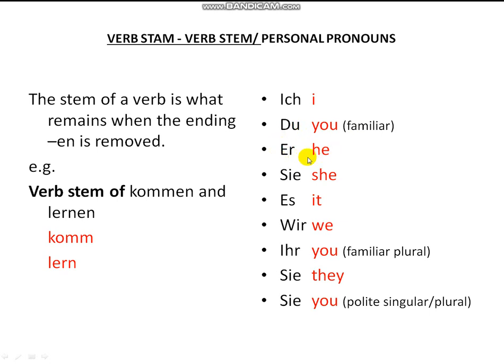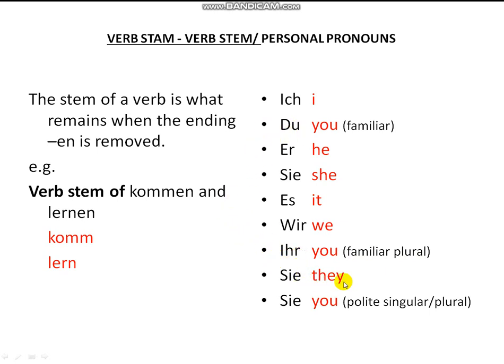To say he is er. She is sie. It is es. We is wir. You, familiar plural, is ihr. The plural of du is ihr.